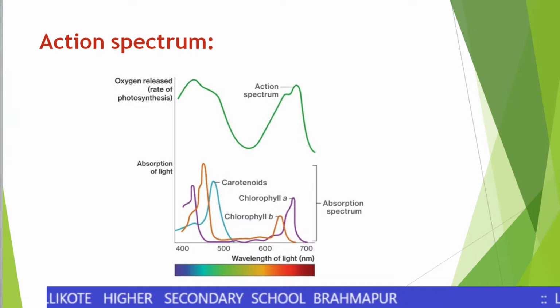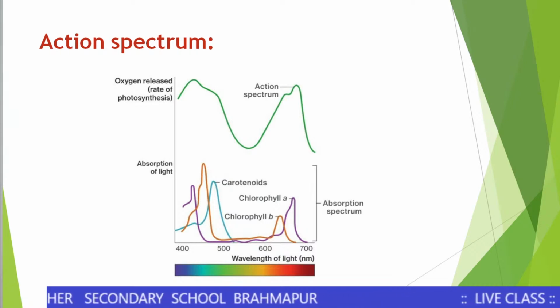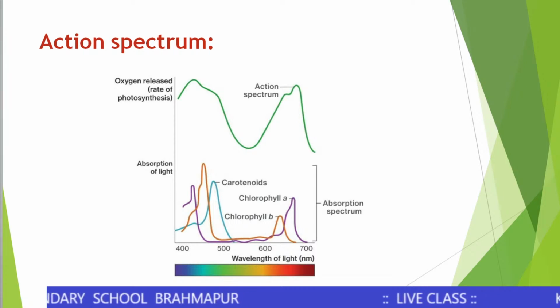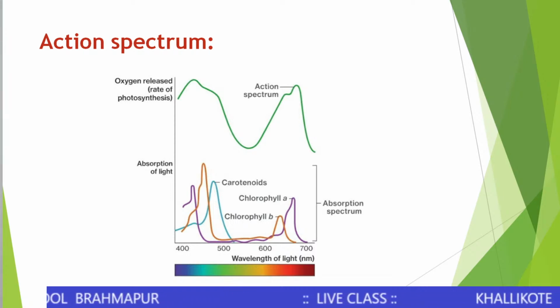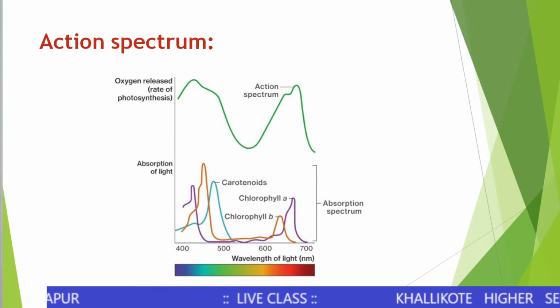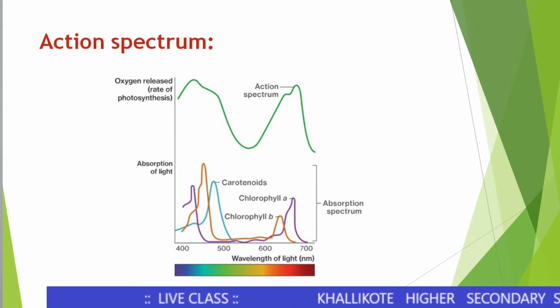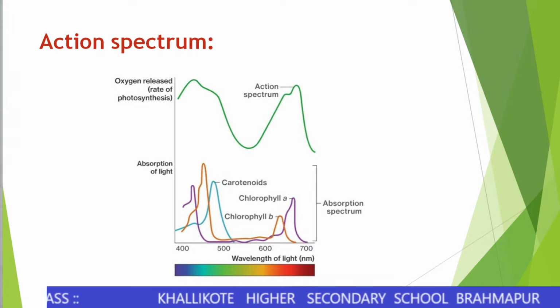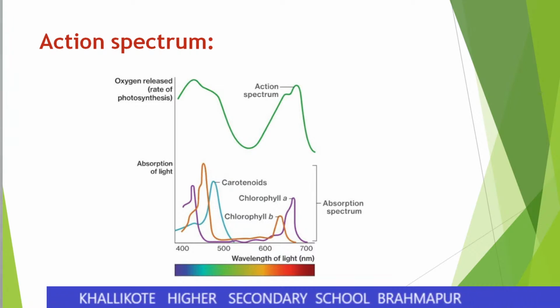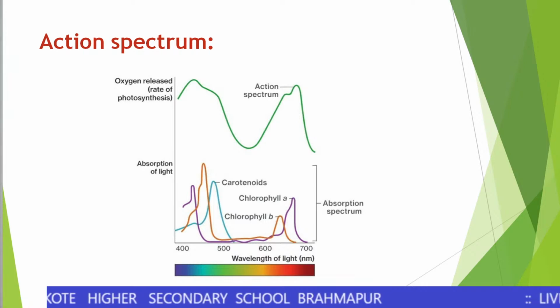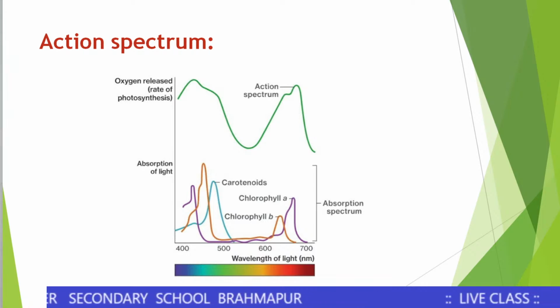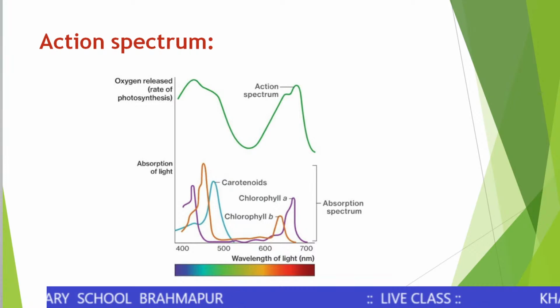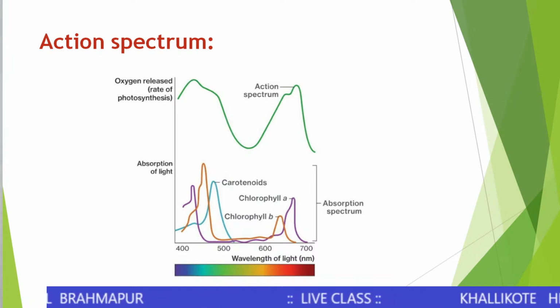Correspondingly, the amount of oxygen released also shows a peak in the blue region as well as in the red region, whereas the amount of oxygen released between 500 to 600 nanometers, in the green region, is almost nil for the chlorophyll molecule.